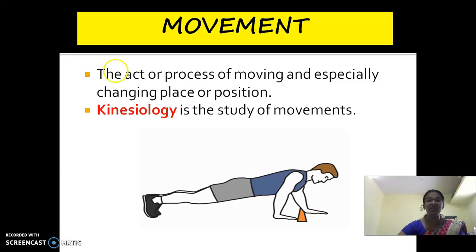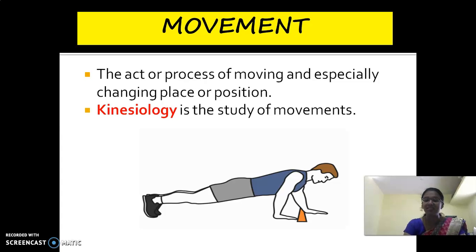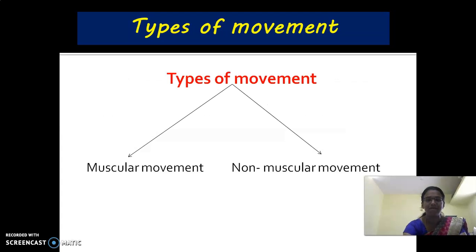Next, this is the definition of movement: the act or process of moving, especially changing in place or position. Kinesiology is the study of movements. Types of movement: muscular movement and non-muscular movement. In muscular movement, the action of bones and muscles is required.